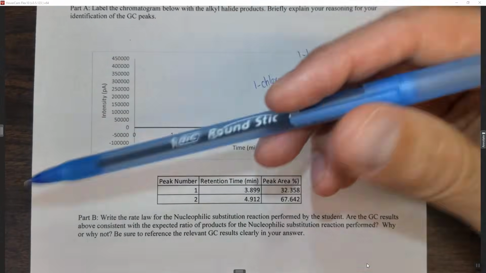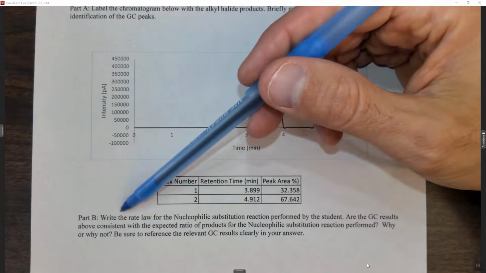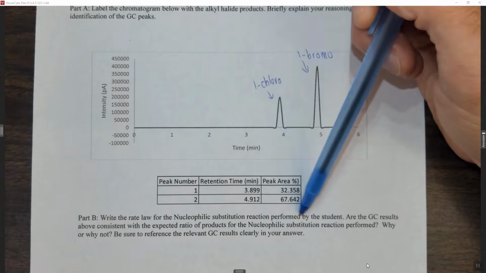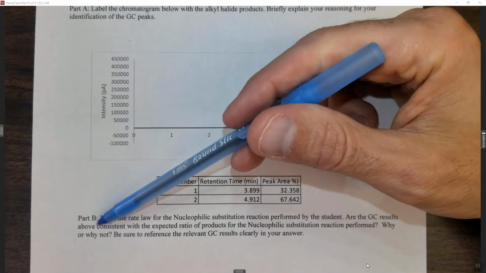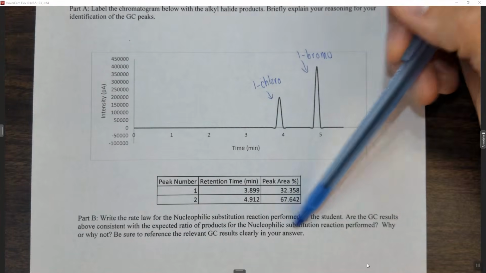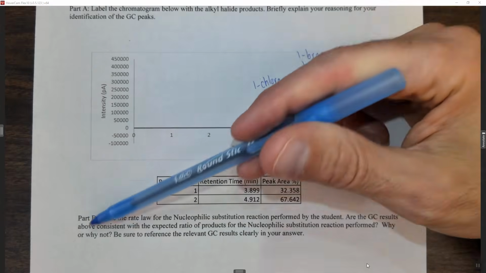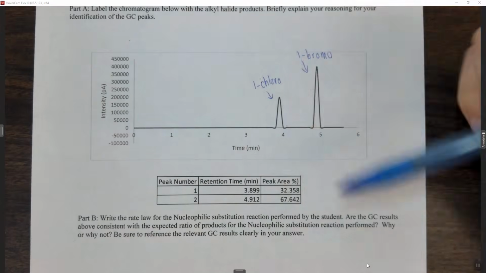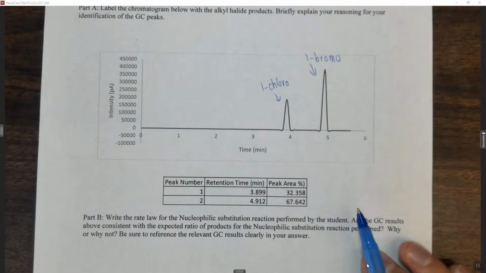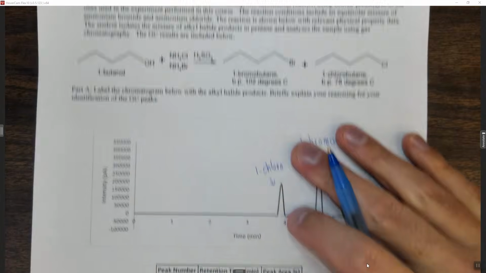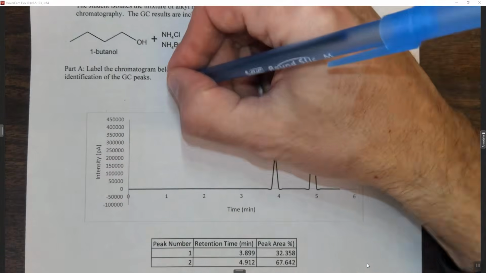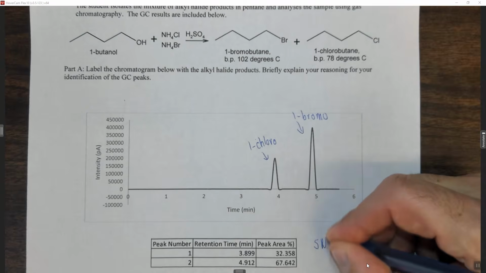So it says, which I already pretty much answered, write the rate law for the nucleophilic substitution reaction performed by the student. Are the GC results above consistent with the expected ratio of products for the nucleophilic substitution reaction performed? Why or why not? Be sure to reference the GC results clearly in your explanation. So this reaction is undergoing an SN2 type of reaction.